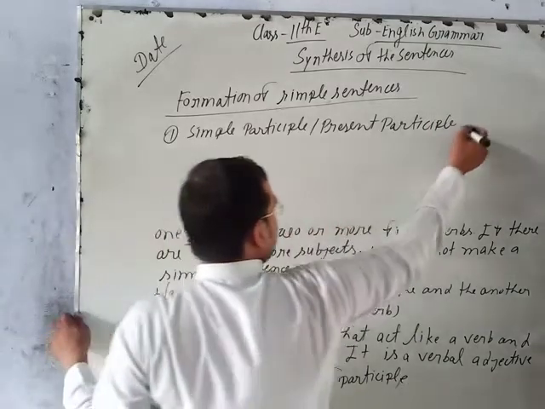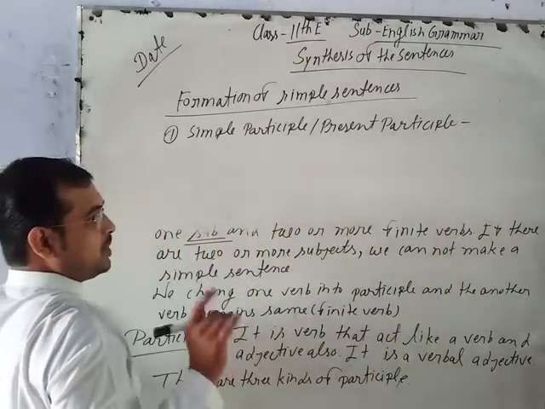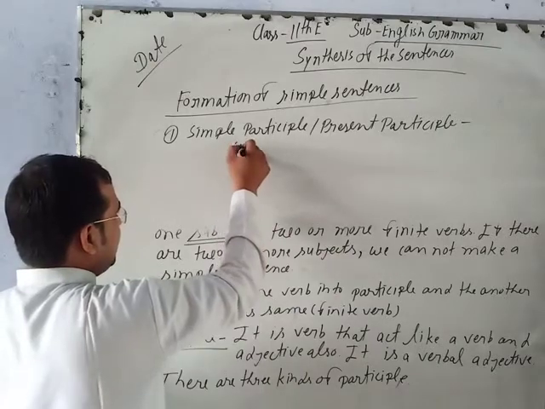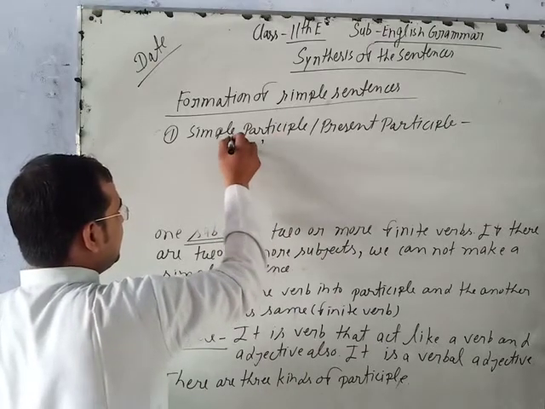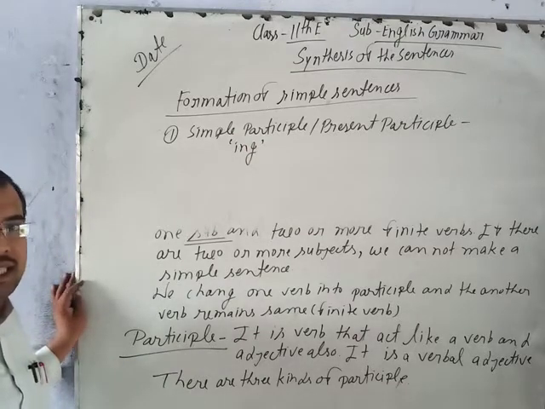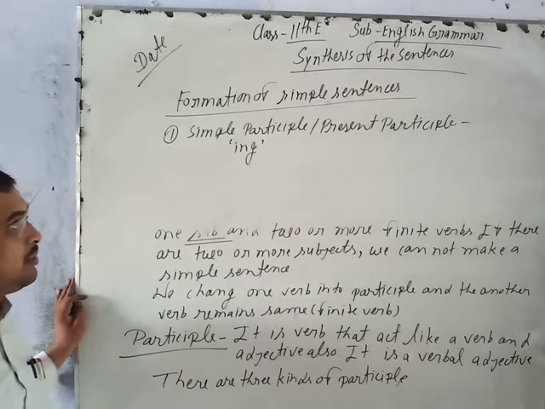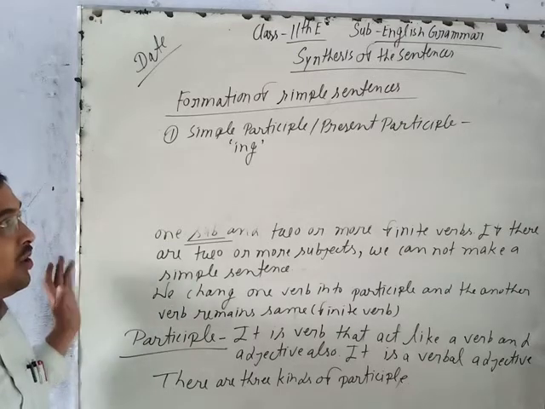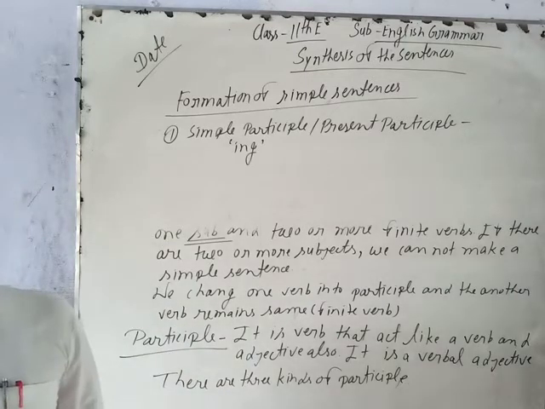It comes when we use ing at the end of any verb. When we use ing at the end of any verb, it becomes a simple participle or present participle.